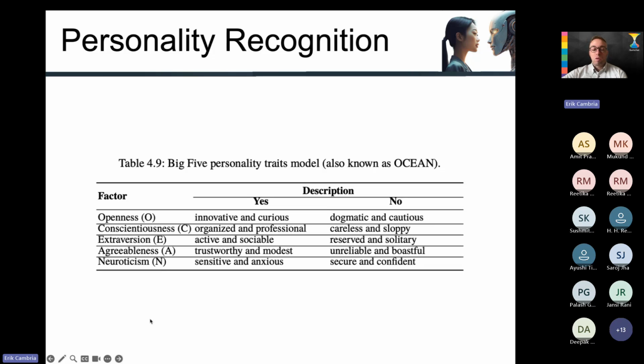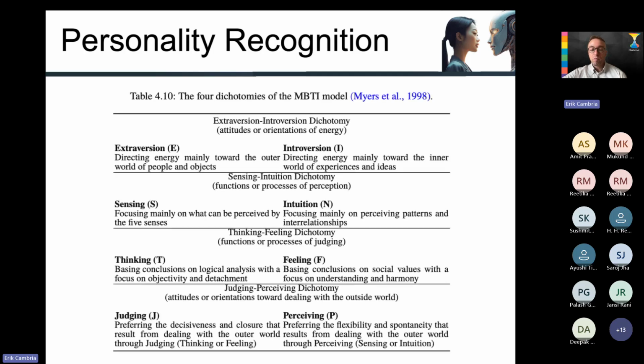This was quite useful, especially the dimension of extraversion, because in sentiment analysis, the same concept can be positive for an extrovert but negative for an introvert, and vice versa.